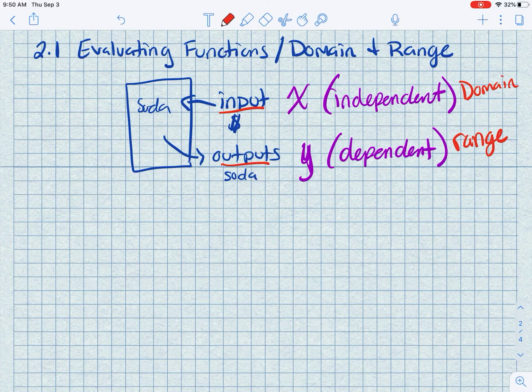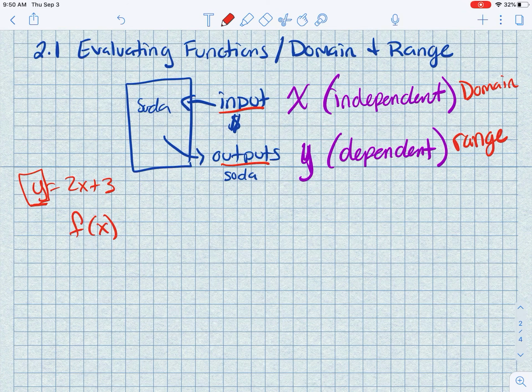Okay, so let's talk about functions. Let's start with evaluating. I'm going to give you a couple different functions. Now we're going to look at this with function notation. So we're kind of used to having an equation where it's a variable equals 2x plus 3, something like that. Well, instead of having the y, what we're going to do is we're going to call that f of x, or g of x, j of x, r of x.